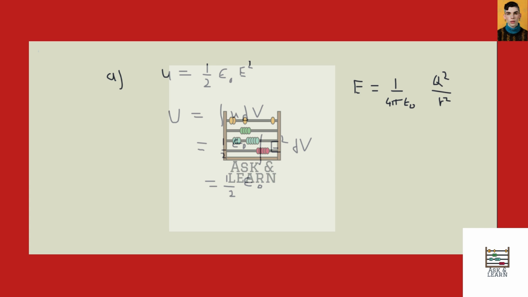Now let's substitute that. 4 pi epsilon naught square q square integral 1 divided by r square.